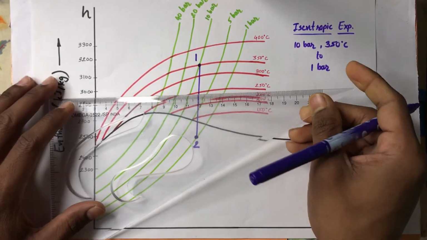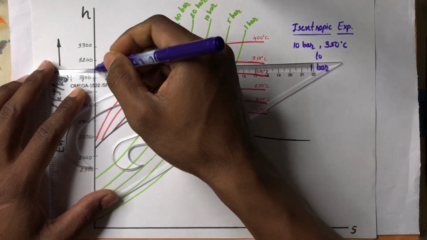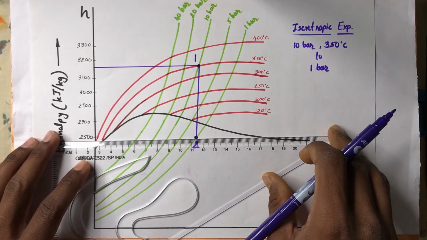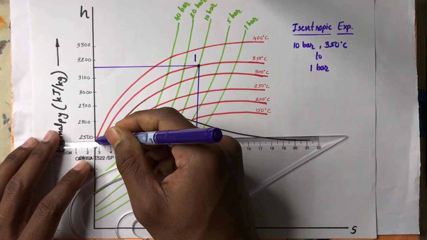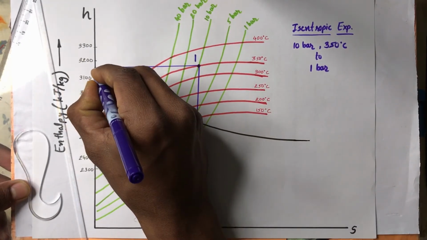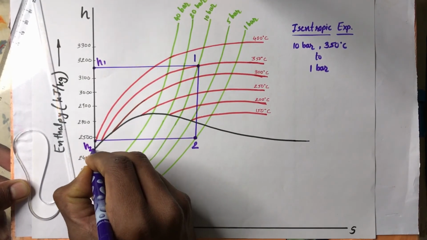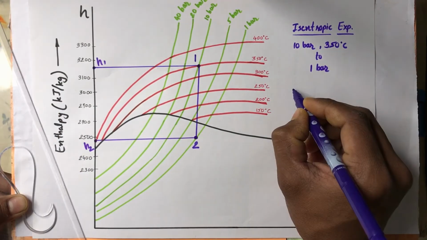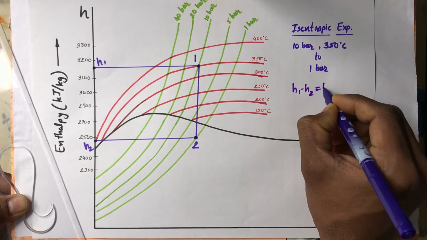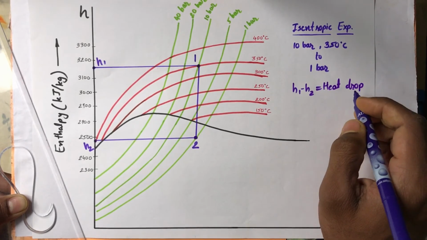By drawing horizontal lines from point 1 and point 2, you can find enthalpy H1 and H2. H1 minus H2 is the heat drop during the isentropic expansion of steam.